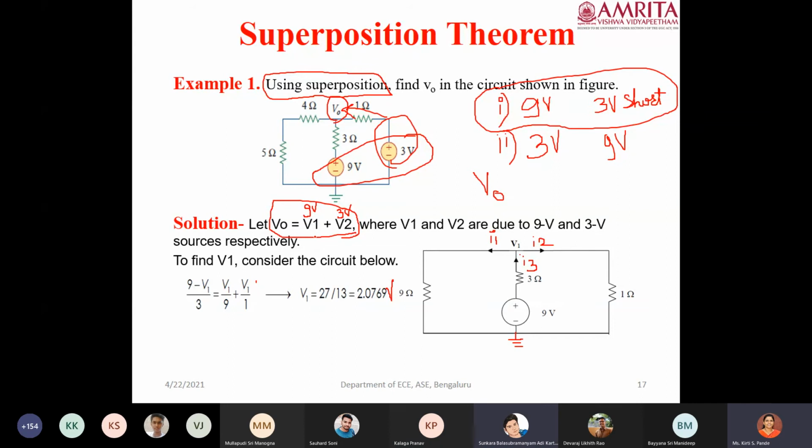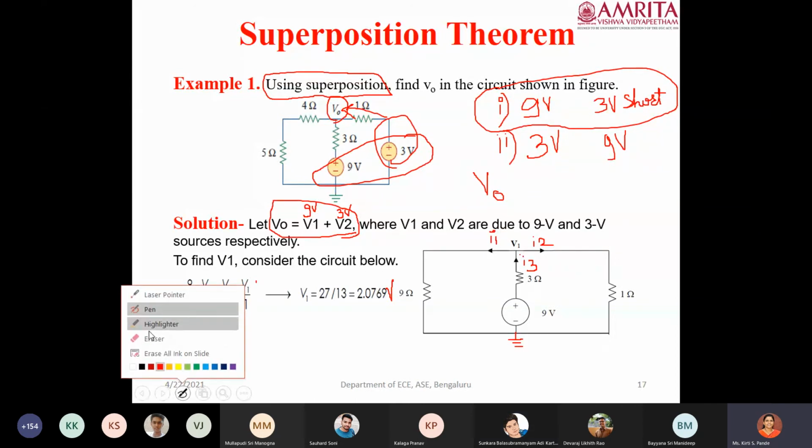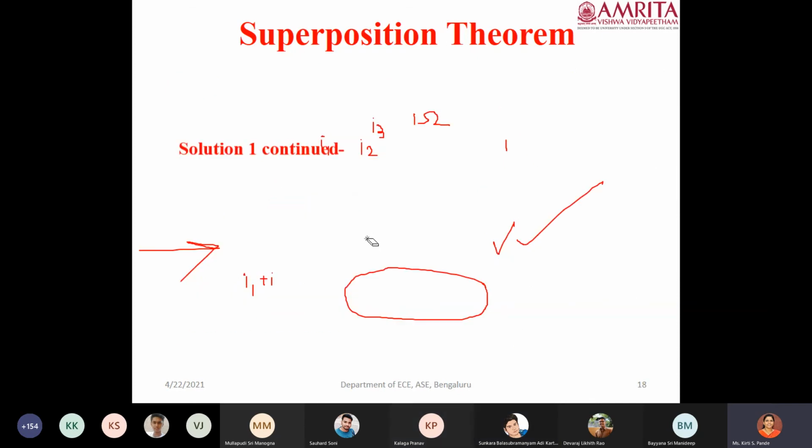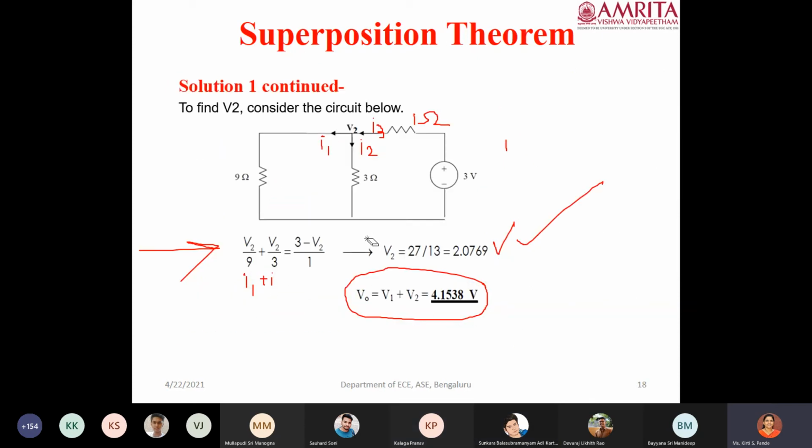Ma'am, also one thing. Is there any case like V1 minus V2 to find? Yes, I will tell you about it. Now, you are getting your V1 as 2.0769, and you are getting your V2 also the same value, right?